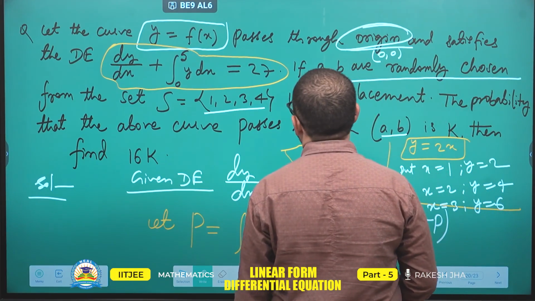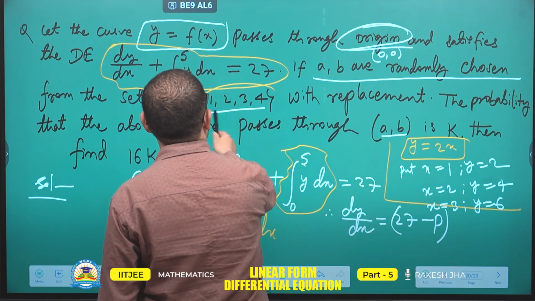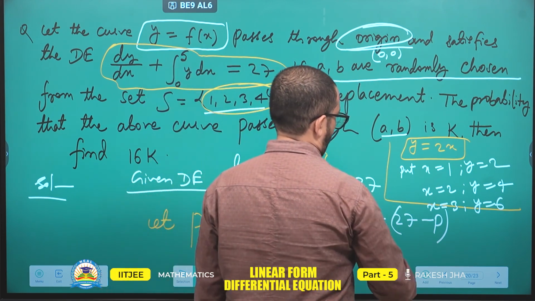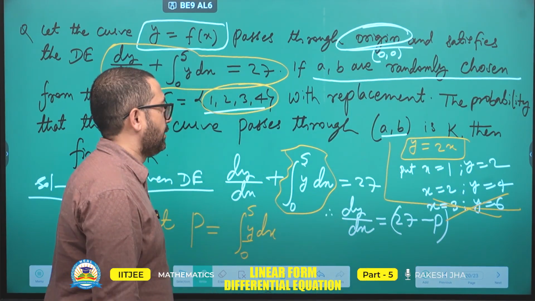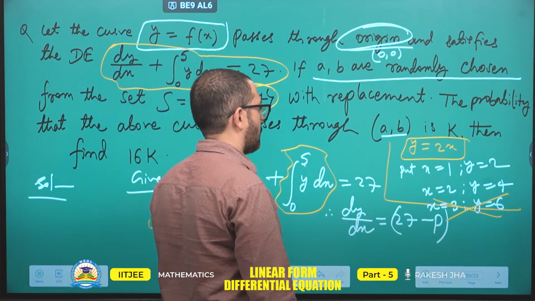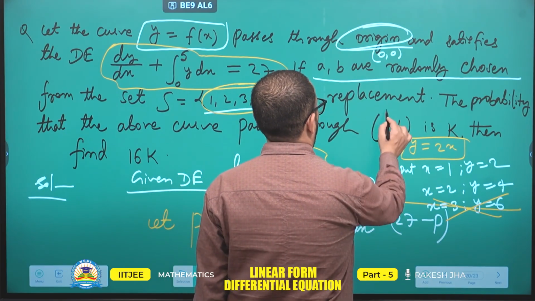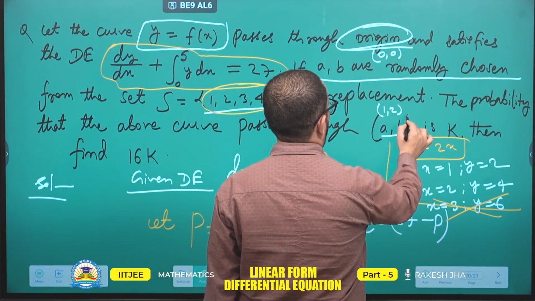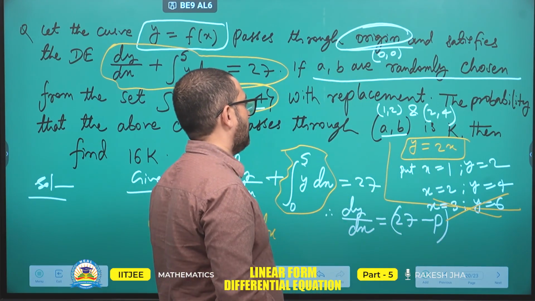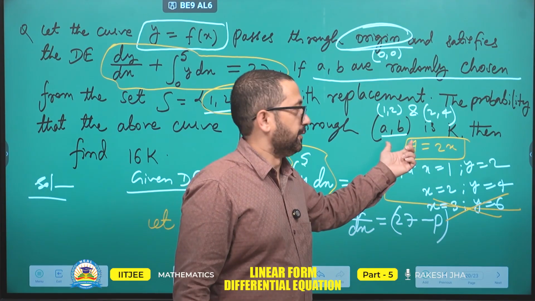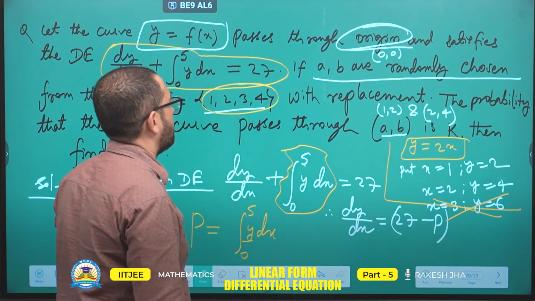But in the given set, only 1, 2, 3, 4 are the elements. So we cannot consider this one. So we have only two pairs, 1 comma 2 and 2 comma 4. These are the A comma B actually. So now they are asking for the probability.